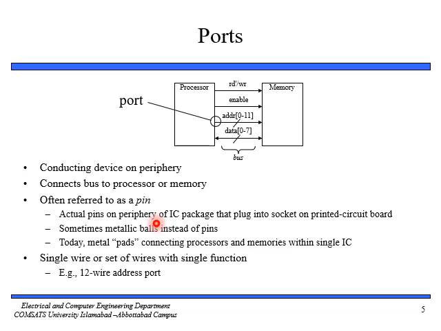As you might have seen, sometimes one side of the processor has lots of pins extending out of it, so we put it in a socket on the printed circuit board. These pins are also called ports. Today, metal pads connect processor and memory within a single IC. So nowadays we use metal pads for connecting processors and memories on a single IC.